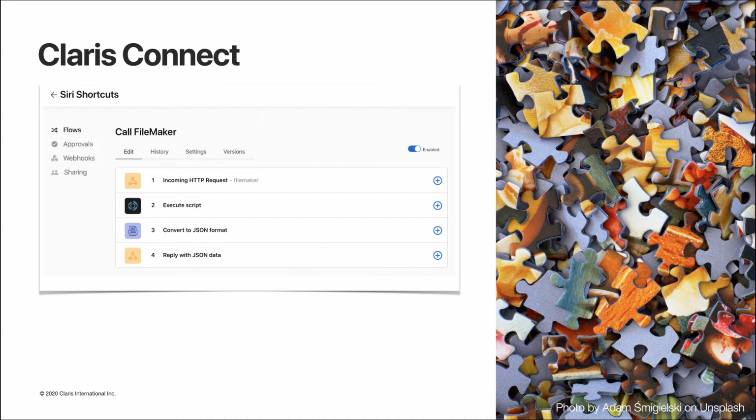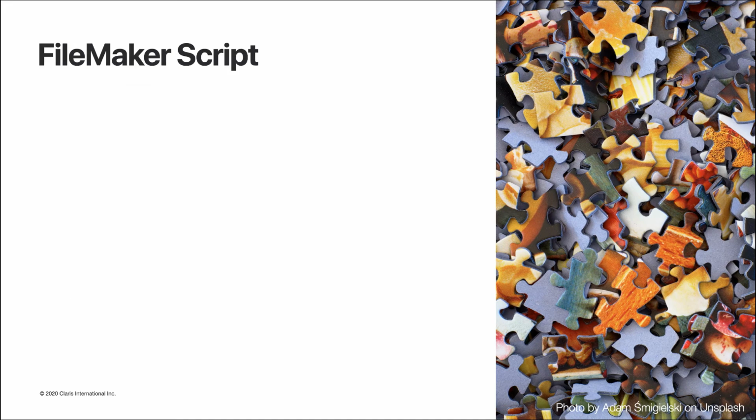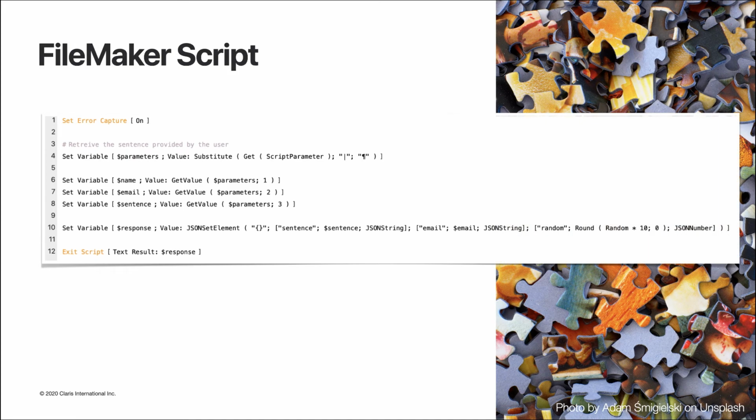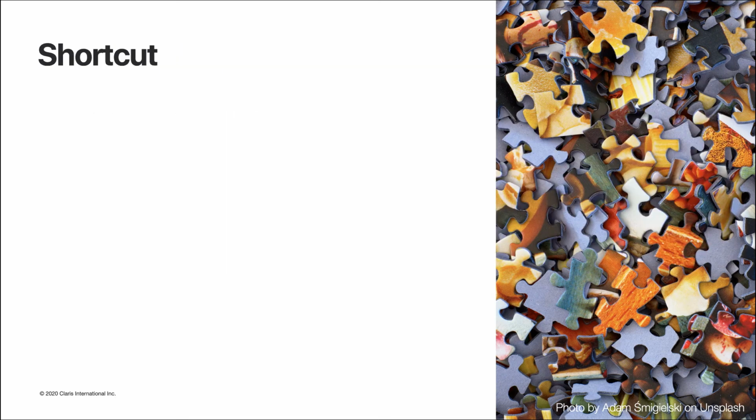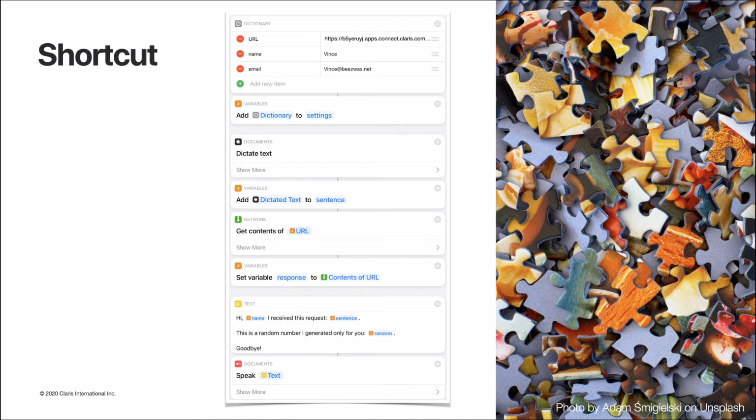Then it gets a reply back from the server and converts it to JSON format and replies with the JSON data. So again, the webhook is the trigger. On the FileMaker script, very simply, it gets a set of parameters, sets some variables, and then sends a response back to the call. And so this here is the shortcut.